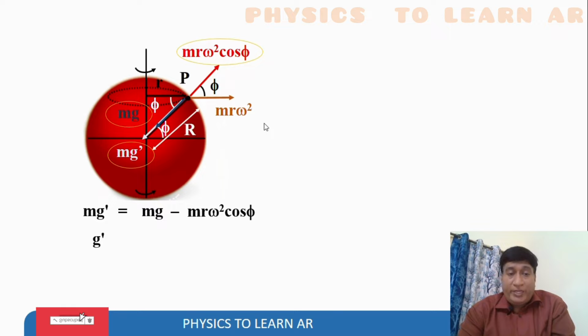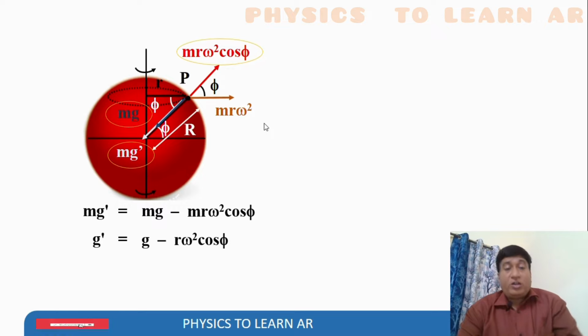Taking m common, g dash equals g minus r omega square cos phi.